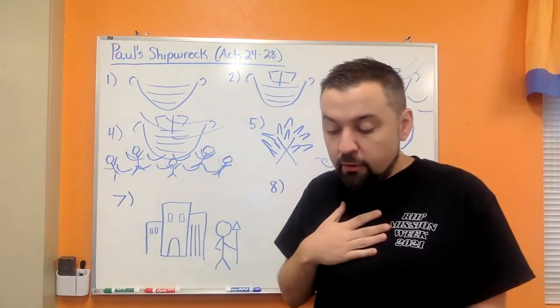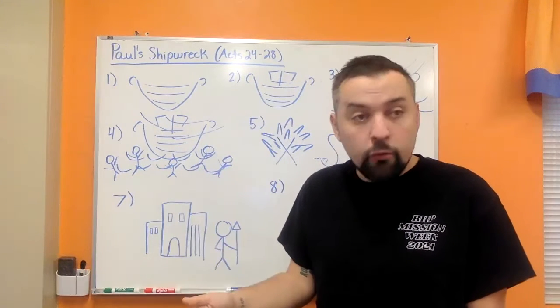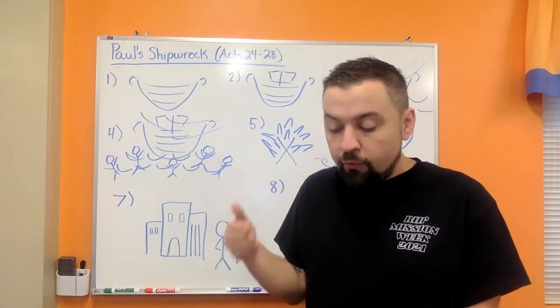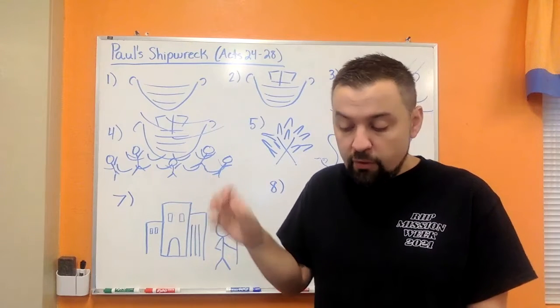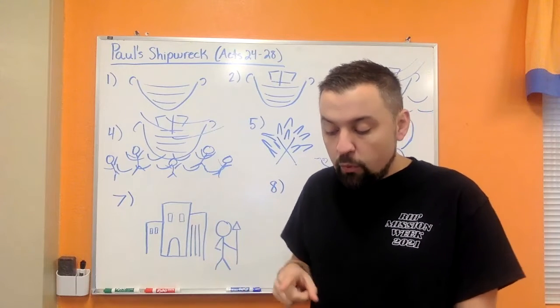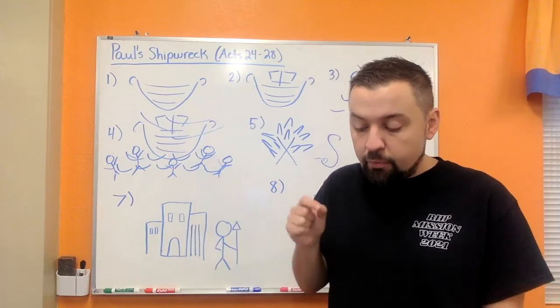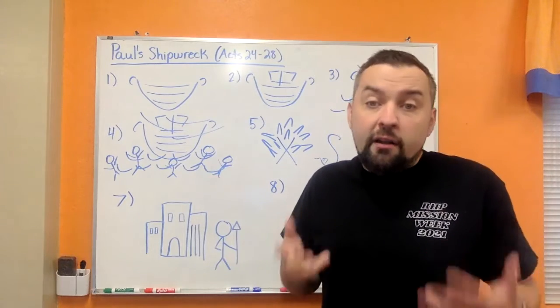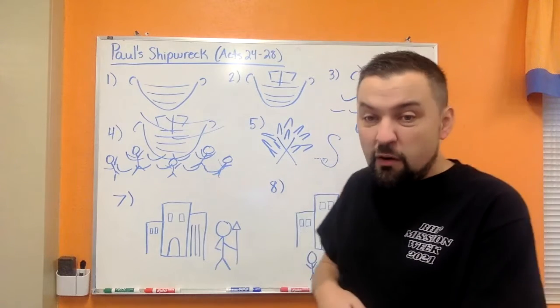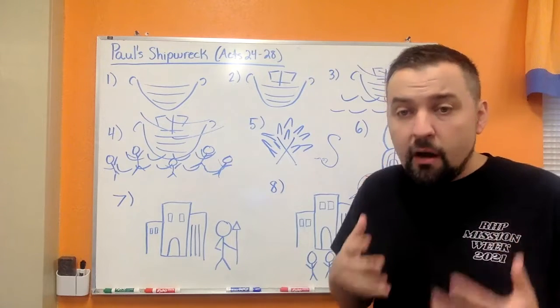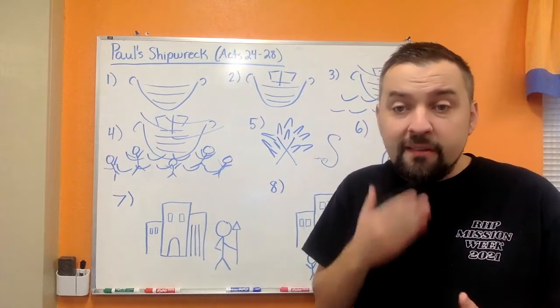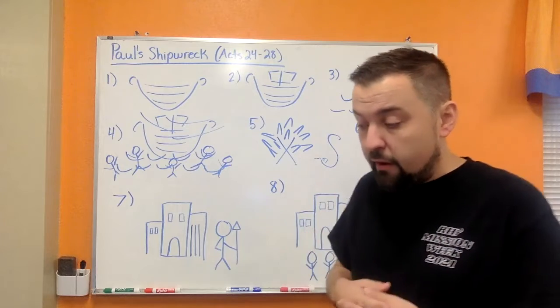As the ship began to break apart, everyone jumped overboard and swam or floated to land. The ship was destroyed, but everyone was safe, just as God promised and Paul had told them. That would be a really scary thing if you had to jump overboard, but God had promised Paul that they would be safe, and they were safe.